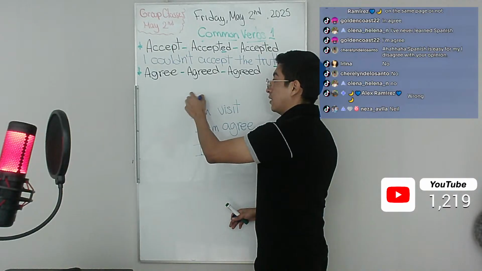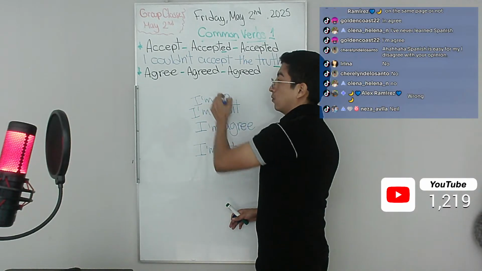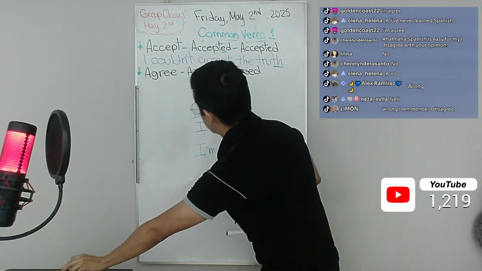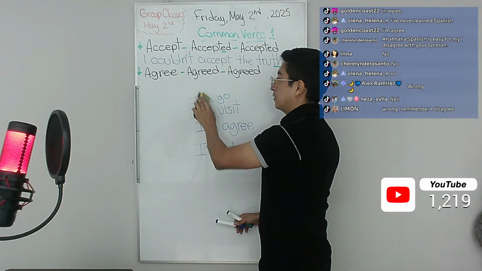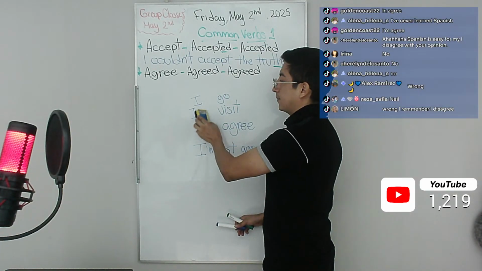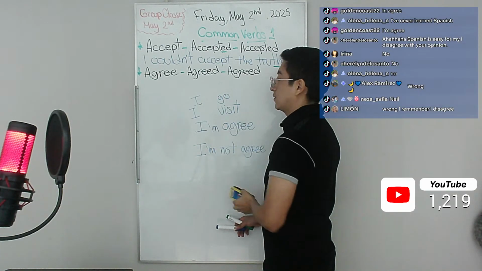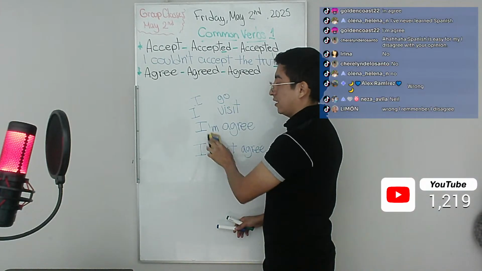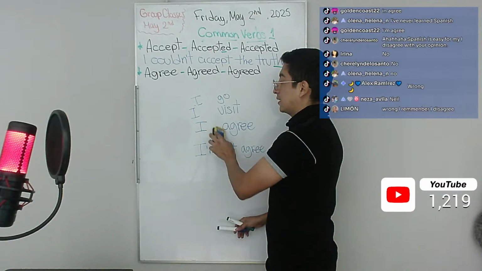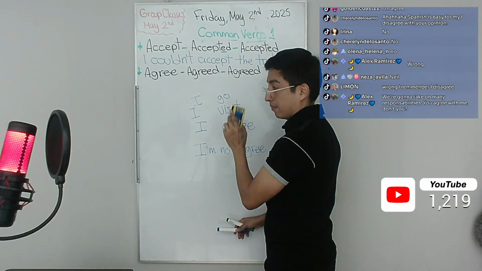I never say, I'm go. We never say that, right? So what do we do in this case? We say, I go. We say, I visit. So in this case, it is not I'm agree. We say I agree. Remember, okay?